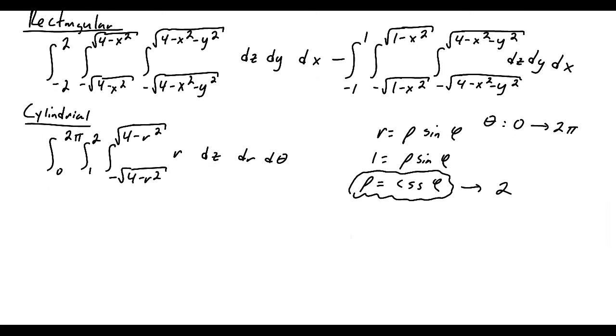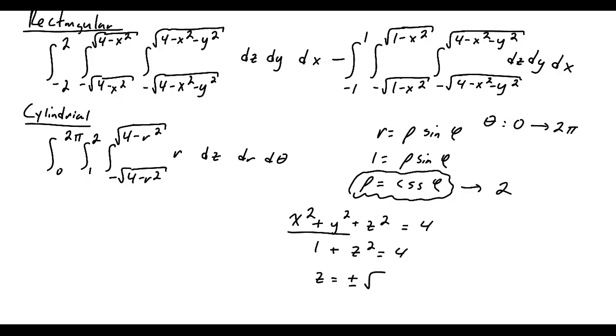I'm going to take x squared plus y squared plus z squared equals 4. And I really don't even have to write a system because the other restriction is x squared plus y squared equals 1. So if I replace x squared plus y squared in this equation with 1, I have 1 plus z squared equals 4, which means that z is equal to plus or minus the square root of 3.